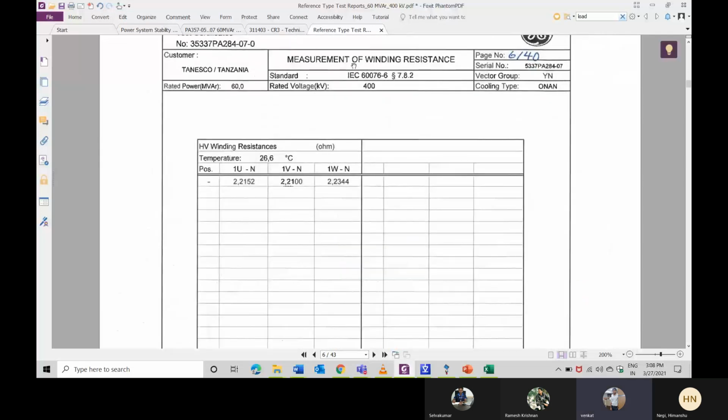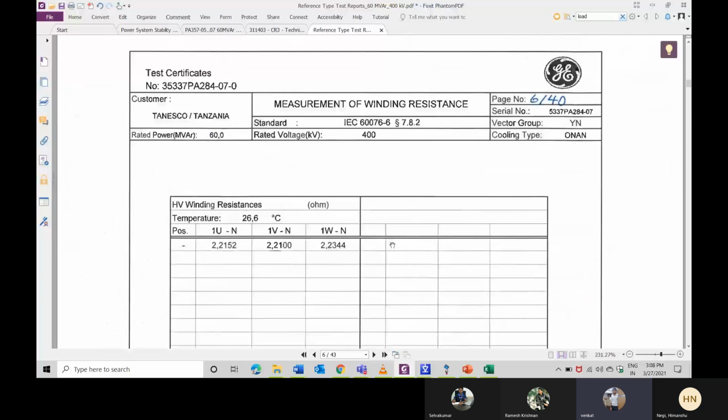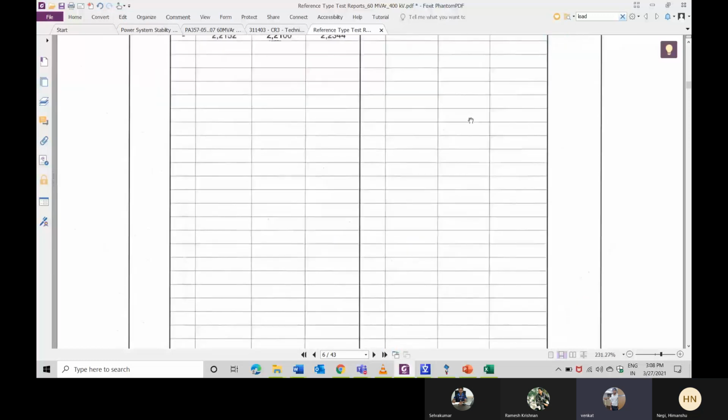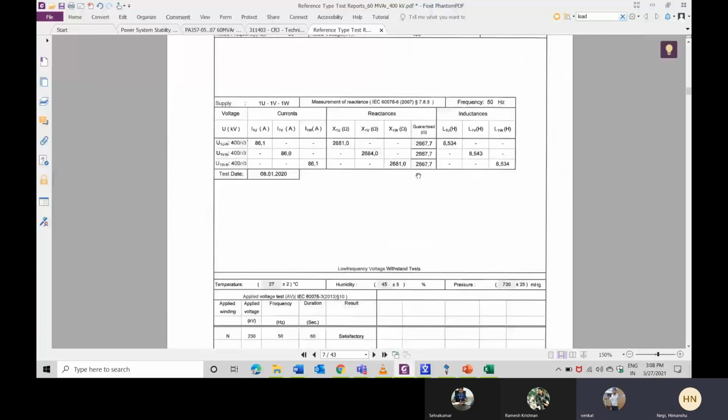Can you see this here? This is for the winding resistance. They might have given the values directly here. For each and every winding, what is the resistance? They might have given these details directly.